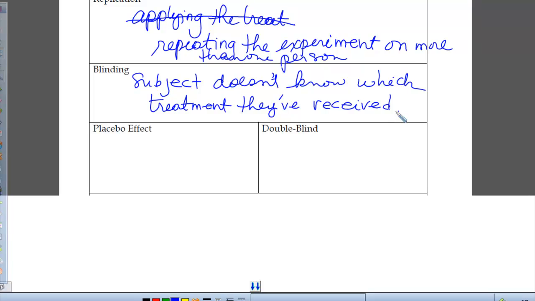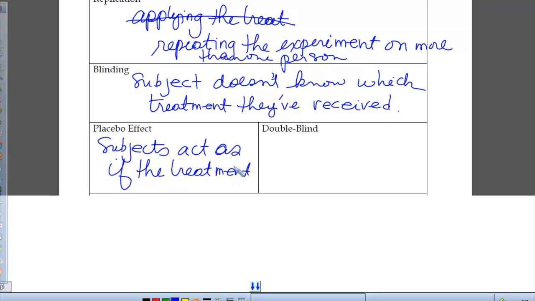So we don't let them know whether they're getting the real thing or a sugar pill. And that's what we call the placebo effect, when subjects act as if the treatment is effective, whether it really is or isn't. Okay, very good. That's the placebo effect.